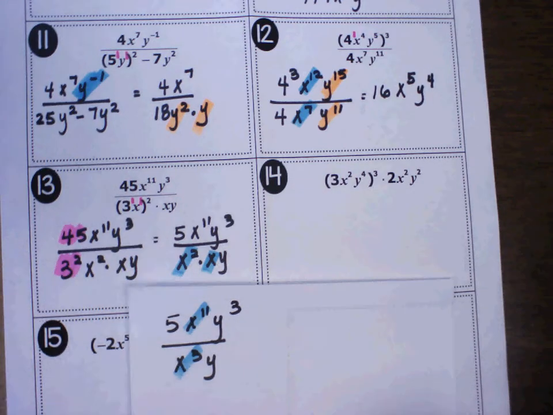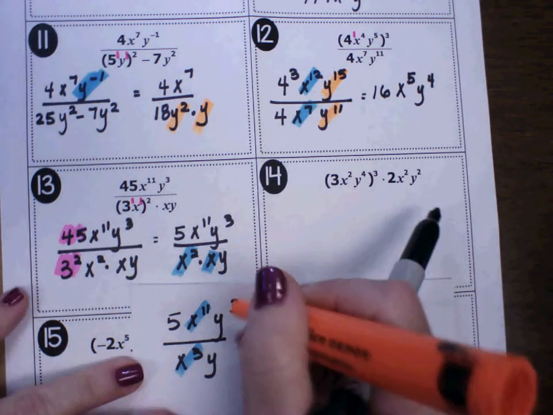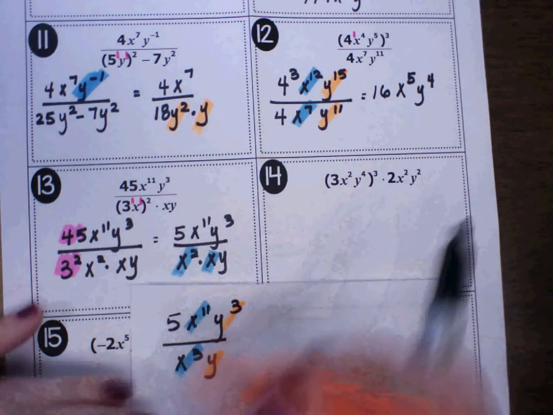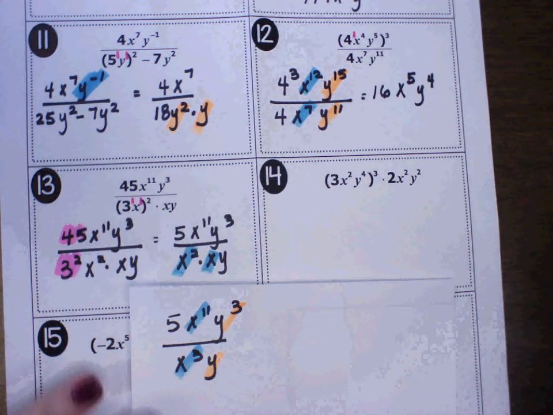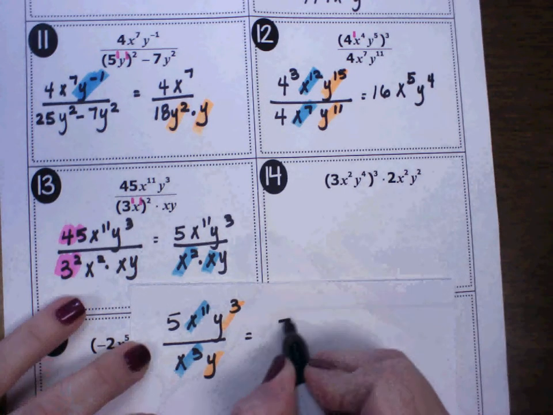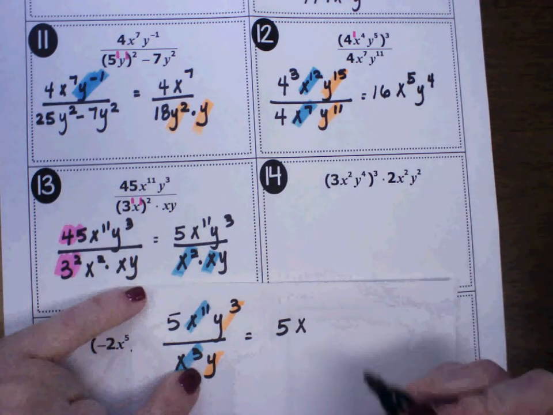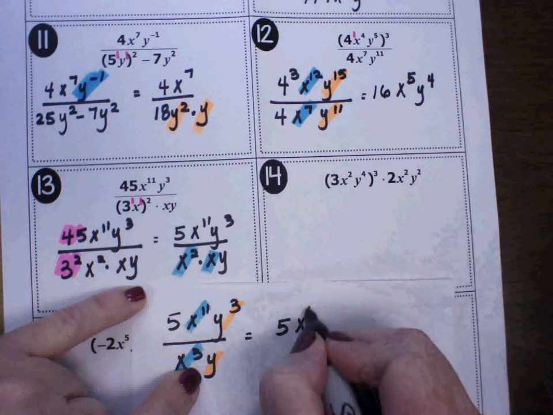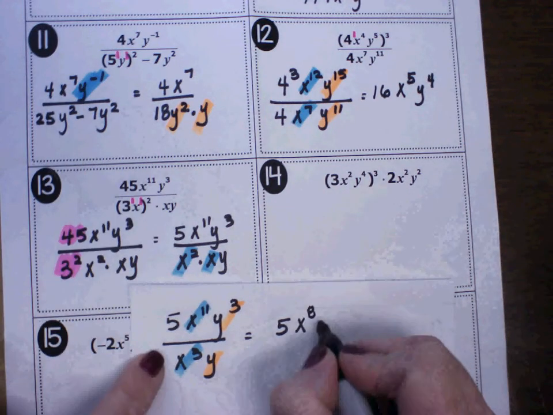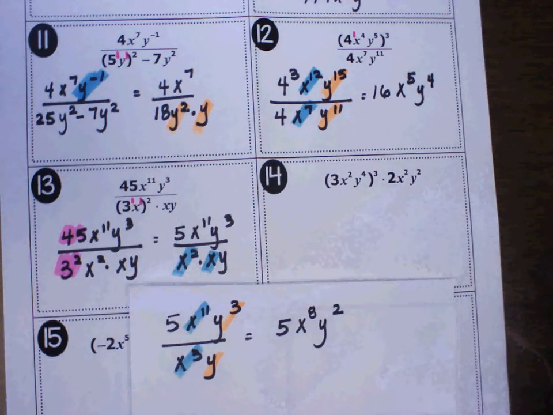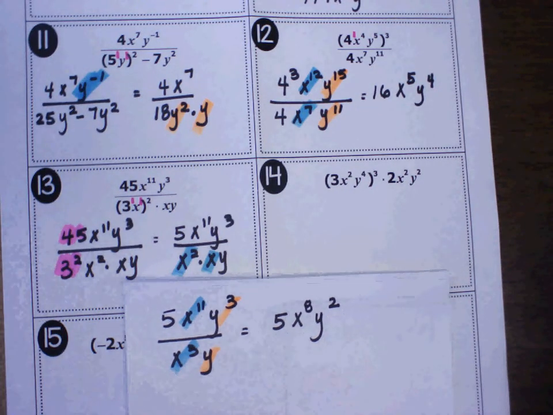That tells me that I have to subtract. Yes? All right. So 11 minus 3? 8. 3 minus 1? 2. And they're both at the top because the bigger numbers are at the top. Yes?